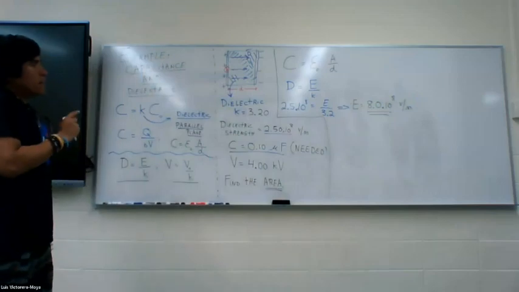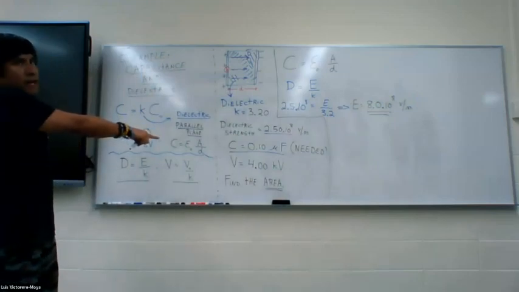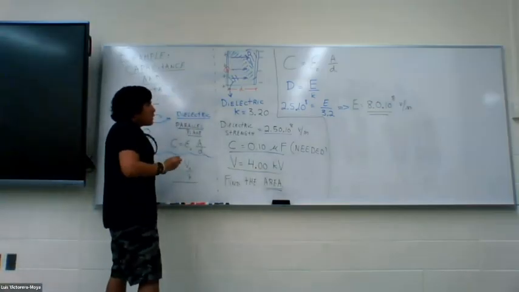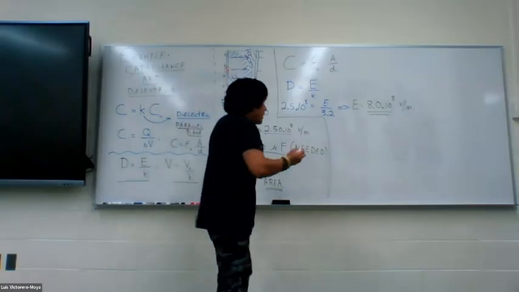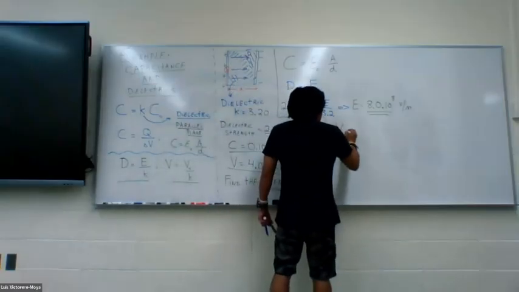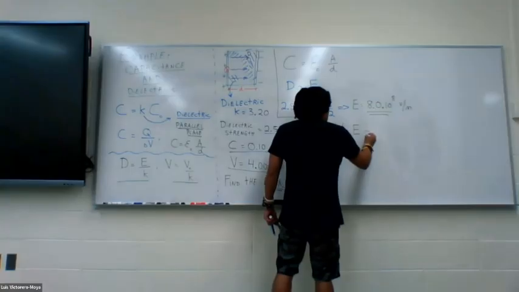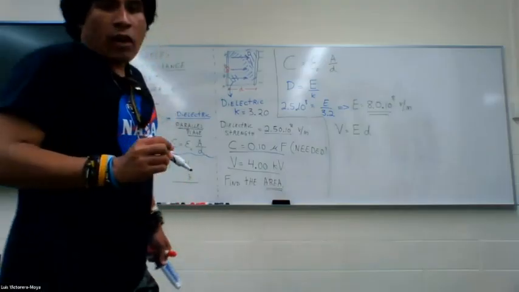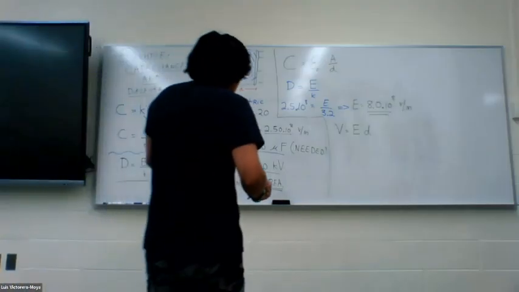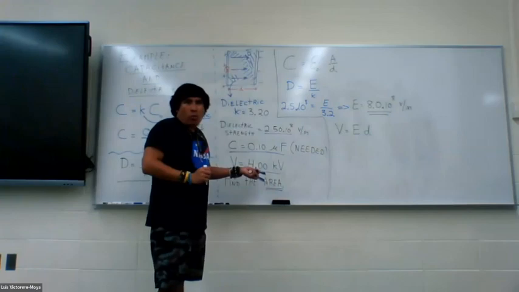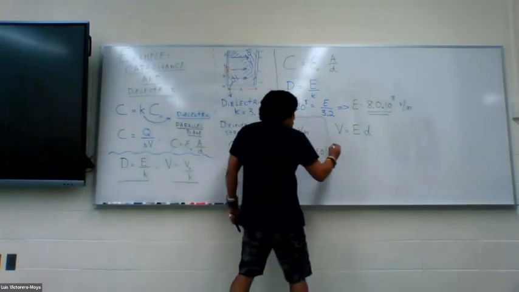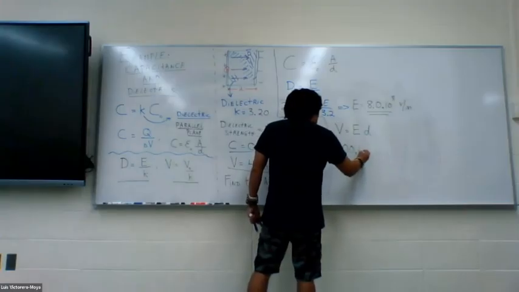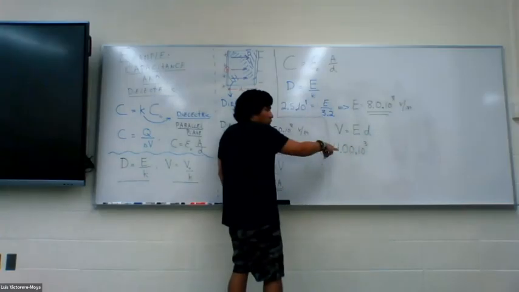So that's the electric field. If I have the electric field, I can use it to find the distance between the plates by using the electric potential relationship, right? Basically, for a capacitor, V equals E d. So if I use that equation, the voltage is 4 kilovolts. That's 4,000 volts, or 4 times 10 to the power of 3 volts.